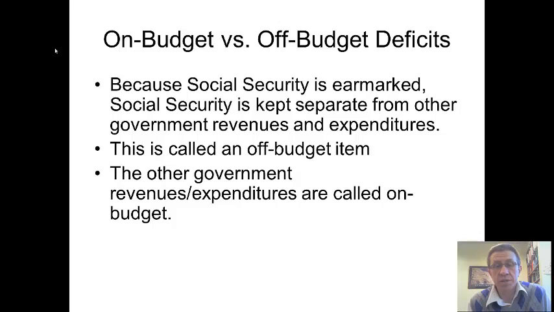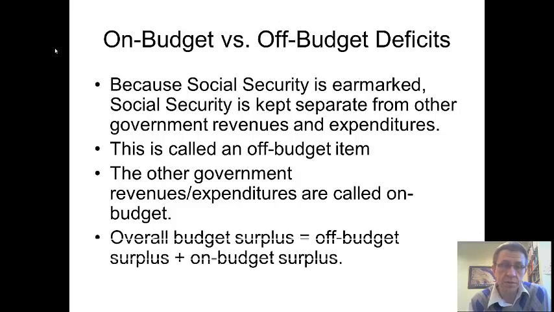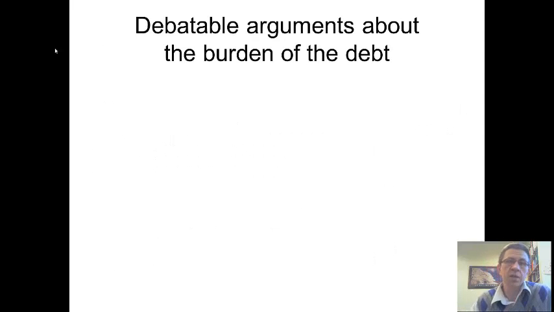Other government revenues and expenditures are called on-budget items, whereas the overall budget surplus, or you could call it the budget deficit, would be the off-budget surplus plus the on-budget surplus. Just a technical point: the money brought in from Social Security is supposed to be dedicated to those who are being paid from Social Security.